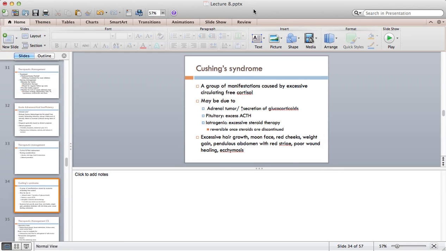Even though they look so fat and so healthy, everything underneath is falling apart. Their skin is falling apart. If they have a wound, they cannot heal that wound because there are no tissues, nutrients, oxygen, and everything that can heal that wound. The skin is not healthy, although it looks so chubby.